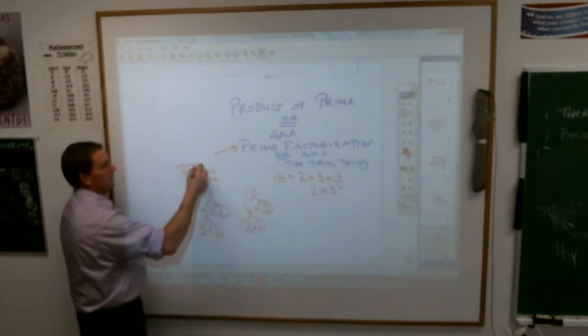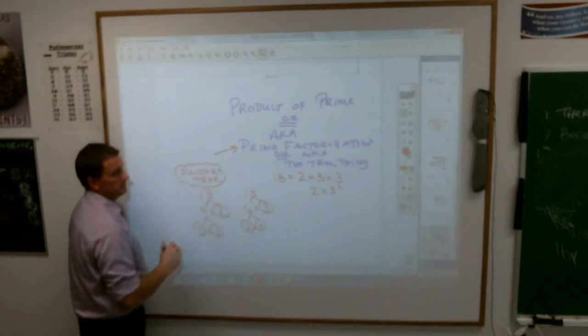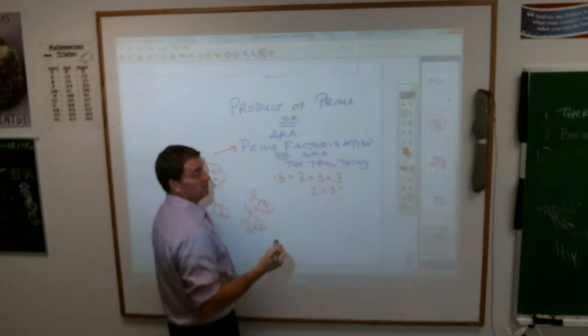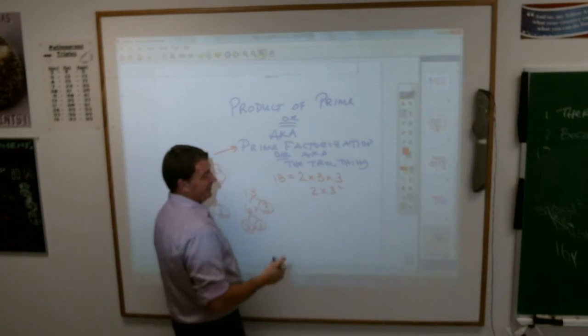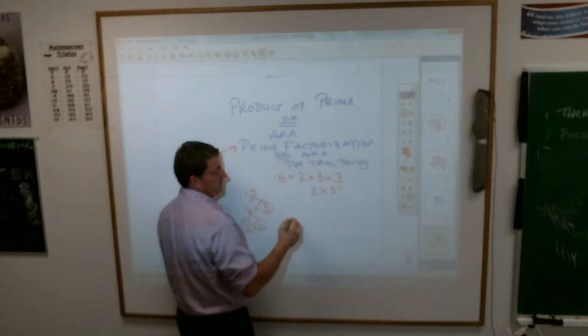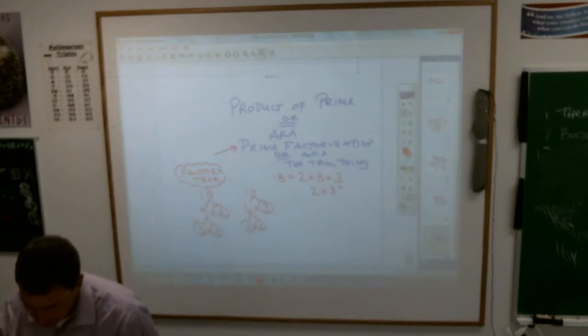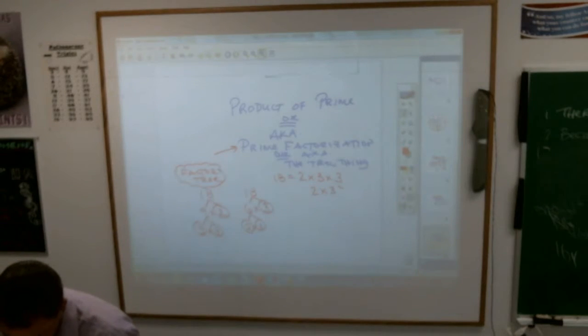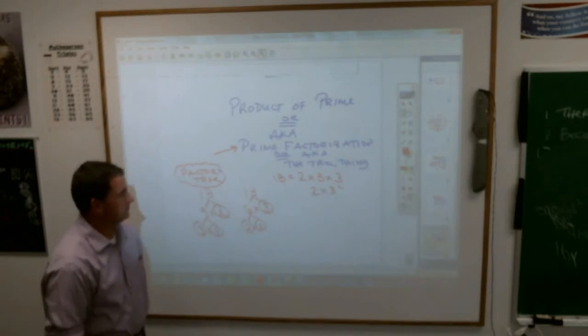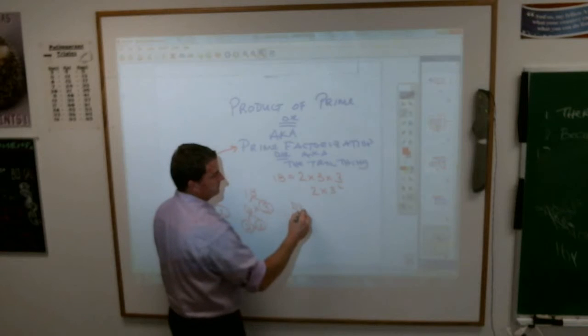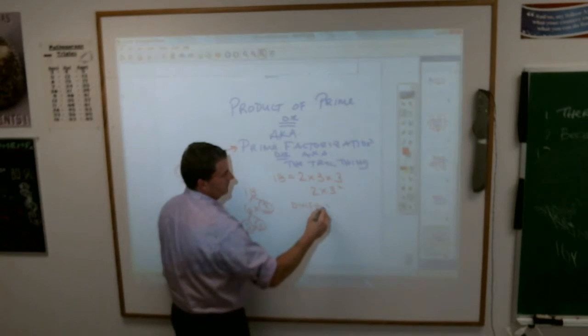Yes. Now, the other way to find prime factorization that sometimes works easier with really big numbers is called division by primes. Division by primes. And we'll look at 18 again with that.